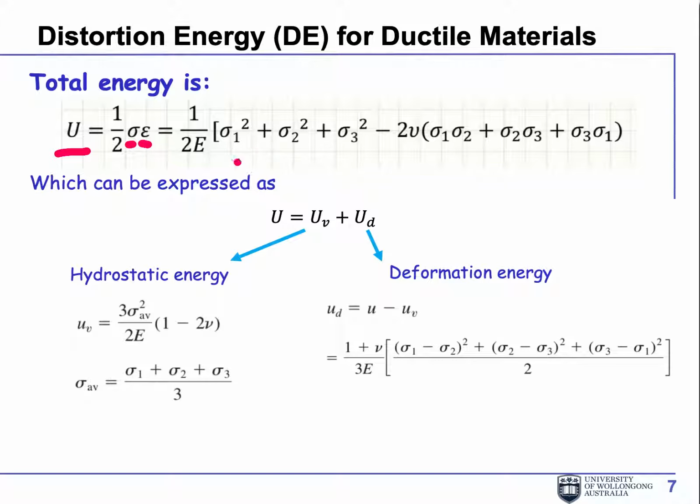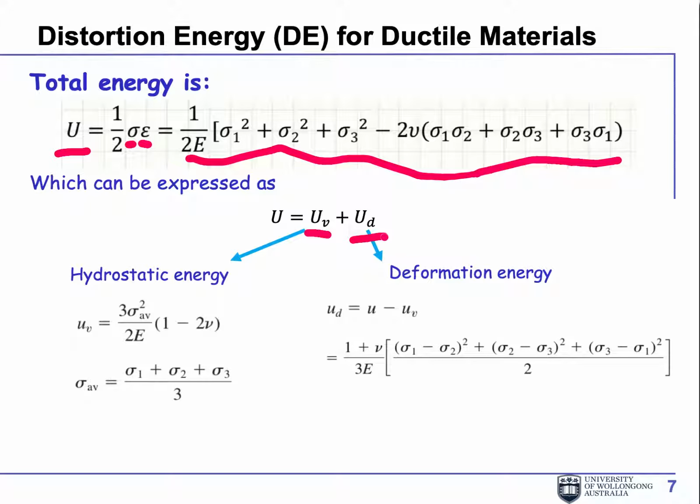Then we put the Young's modulus equation in there, since stress and strain have a certain relationship, and we get an equation with only stress, no strain. Based on what we got before, we can have the average value in there, and the distortion value in there.